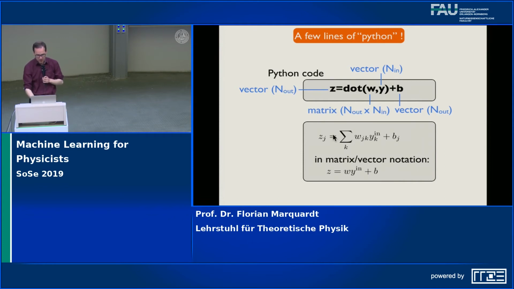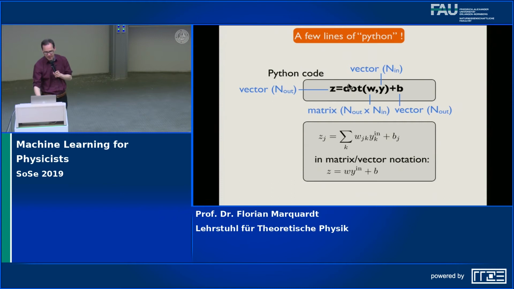And so what I've written down here again is what we want to do using indices. Below I've written down what we want to do using matrix vector notation. And then I've written down how I can implement this using Python. More precisely, we will be using a package for linear algebra that's called NumPy, numerical Python, and that is able to do matrix vector multiplication.